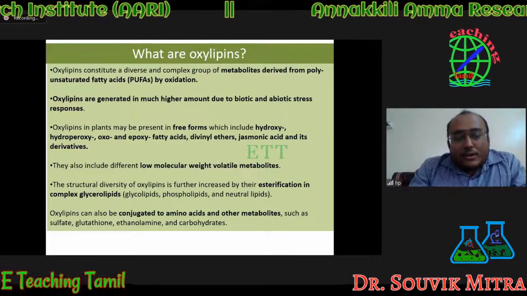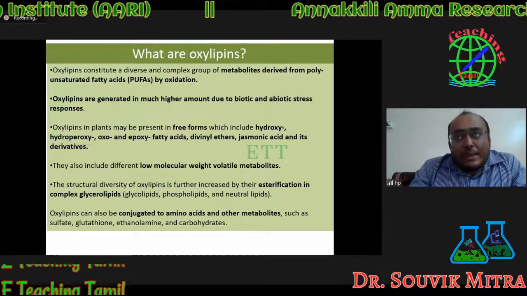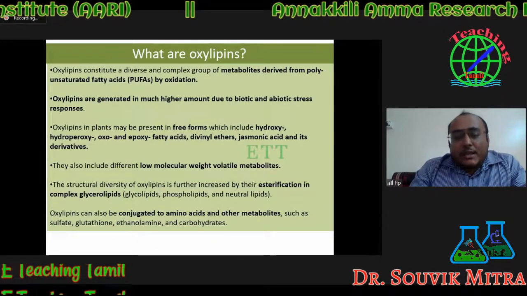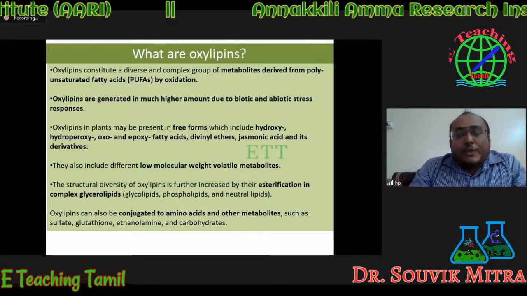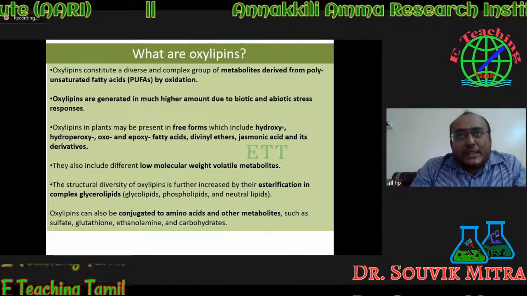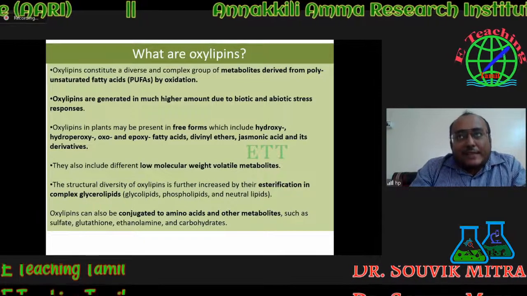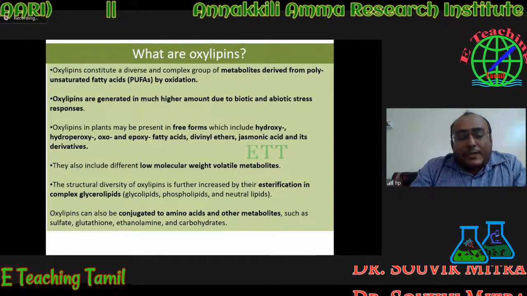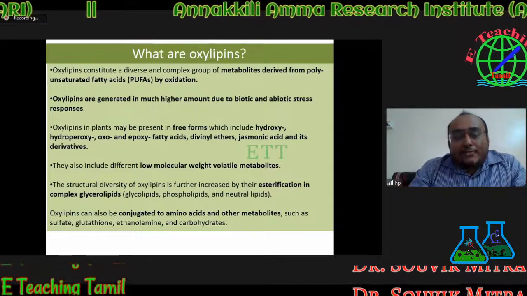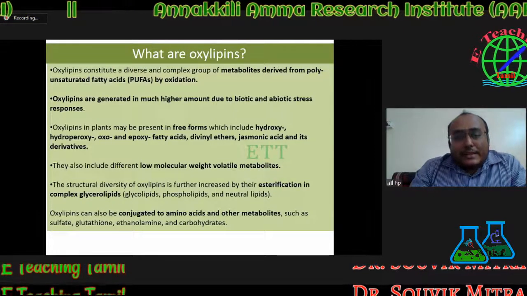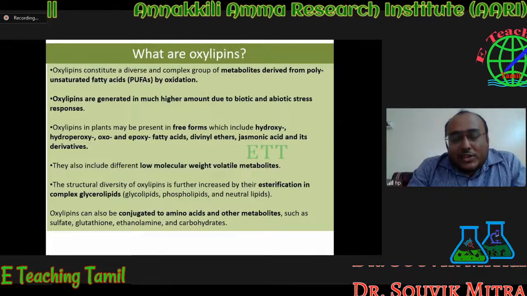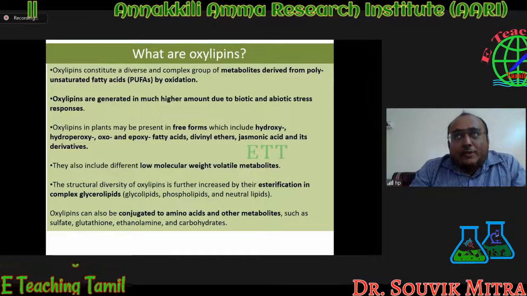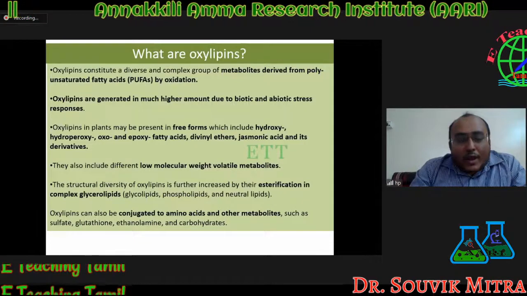But this oxylipin diversity may be increased by their esterification with membrane lipids. These modified fatty acids can be esterified with membrane lipids, and the diversity increases. These esterified phospholipids and esterified glycolipids have now been discovered.